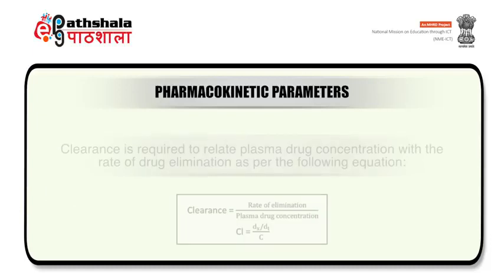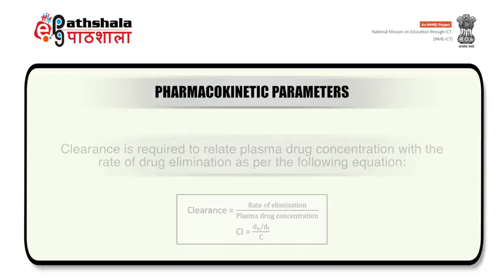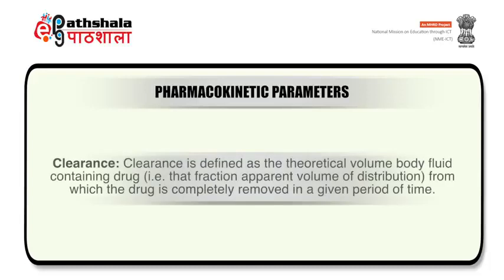Clearance is required to relate plasma drug concentration with the rate of drug elimination. As per the equation, clearance is equal to rate of elimination divided by plasma drug concentration, or dx by dt upon C. Clearance refers to the amount of drug completely removed in a particular period of time from the body.